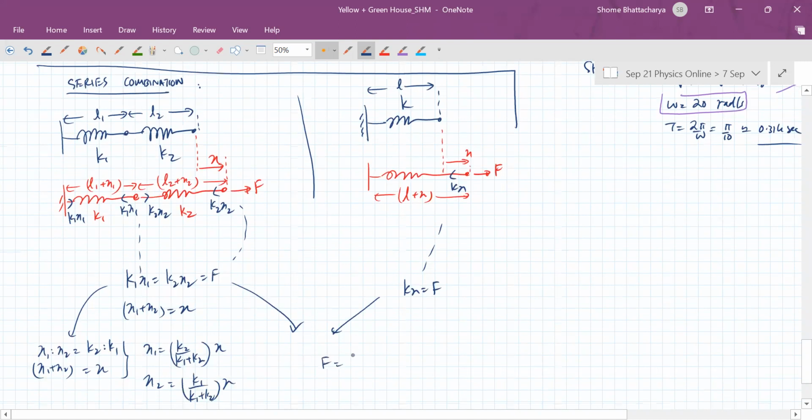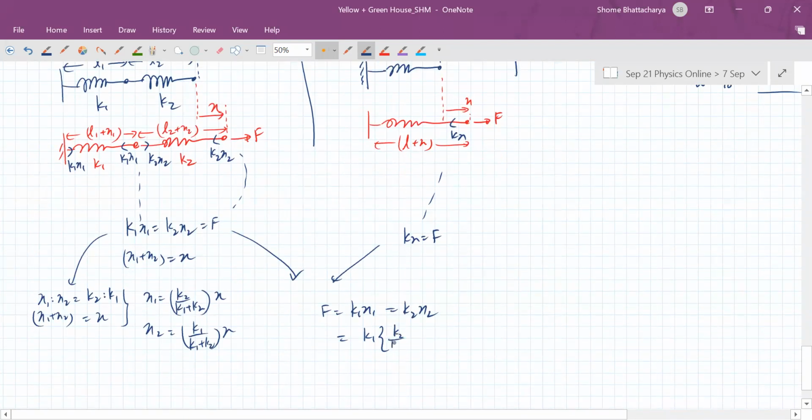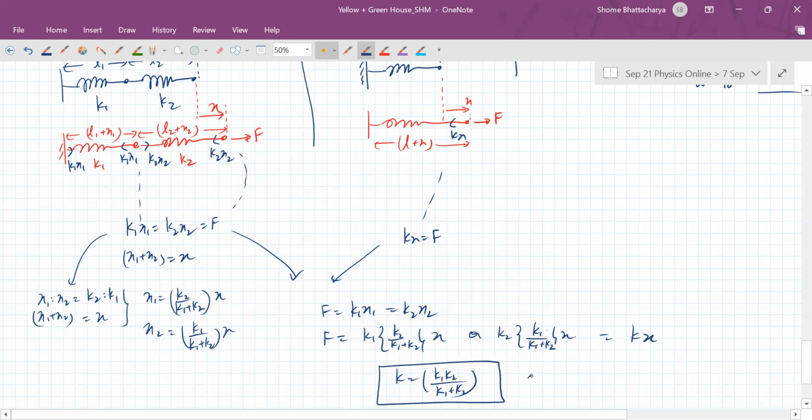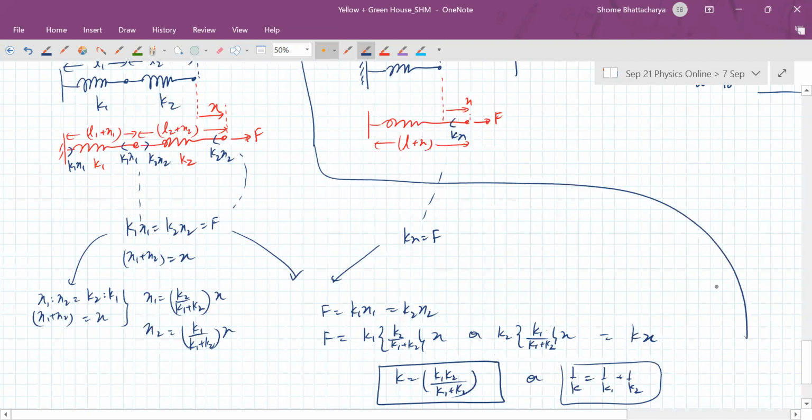So F, which is equal to K1 x1 or K2 x2, can be written as... so we can see K is equal to K1 K2 upon K1 plus K2. This is the idea of series combination.